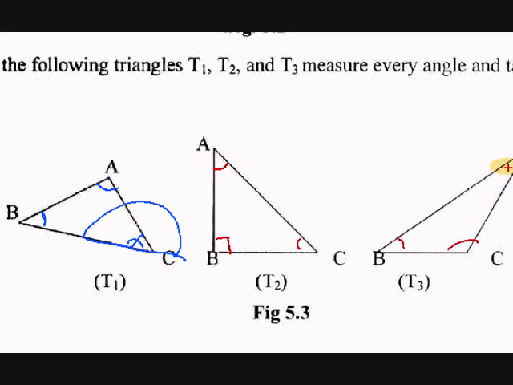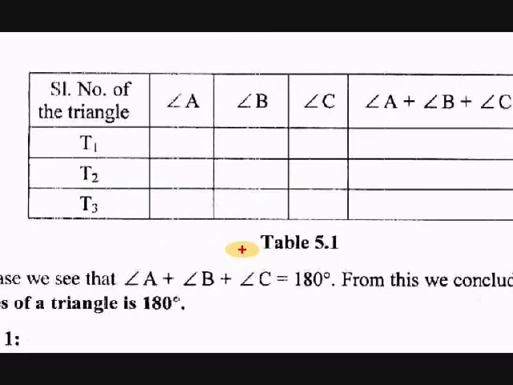Then tabulate it. What is tabulation? This is how you tabulate them. Angle A, angle B, angle C, for each triangle. Write down the values. Then sum up all these angles.